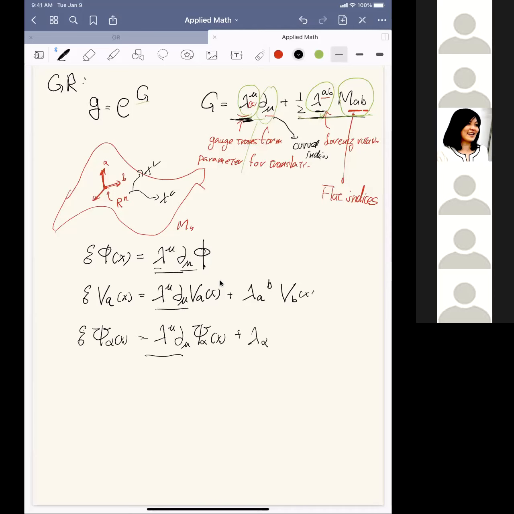For spin 1/2, it transforms under the alpha beta representation. Those of you who've learned particle physics will know what this representation means. For those who haven't, you need to learn a little about spin 1/2 representations, which we can talk about in private, or you can look it up in any standard textbook. Okay, good.